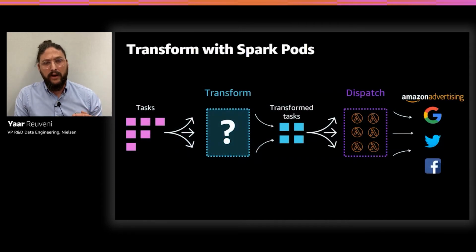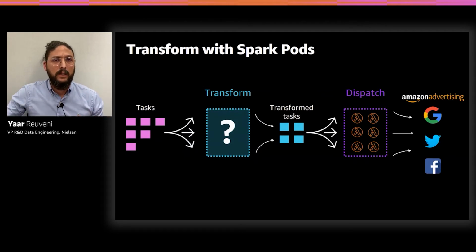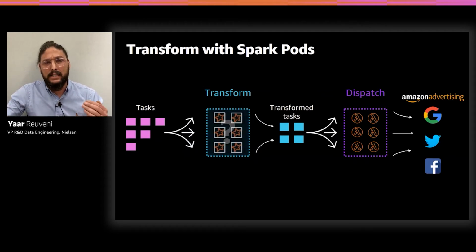Let's take another look at our high-level architecture. We talked about how we solved the dispatch side of the system using that fan-out architecture with AWS Lambda. For the transform side of the system, we chose to use Spark SQL. We are using standalone isolated Spark nodes because we wanted to solve this in the serverless approach.